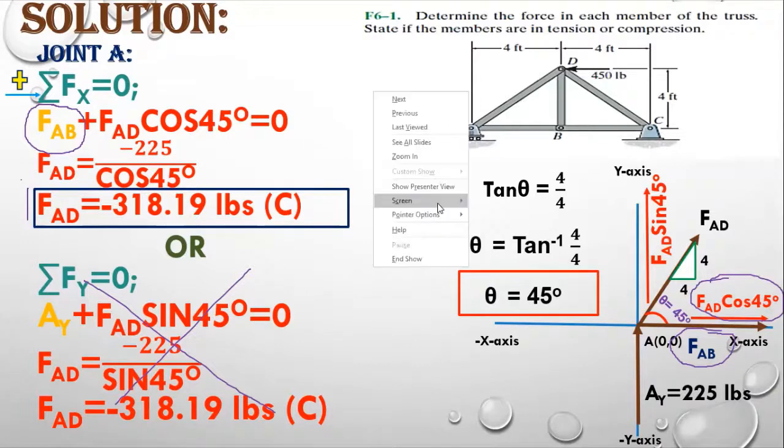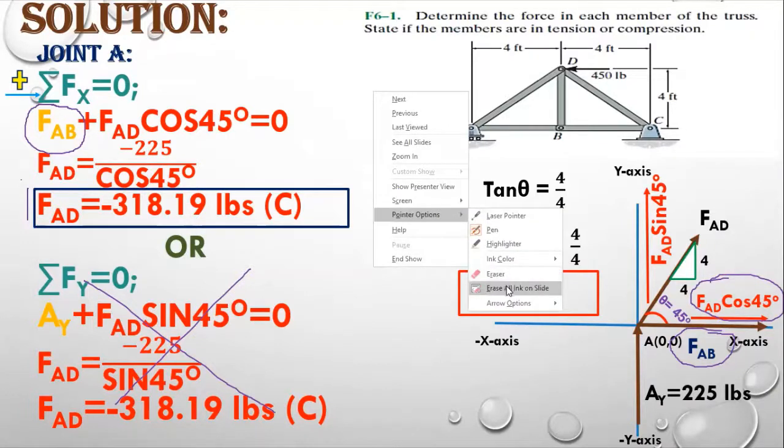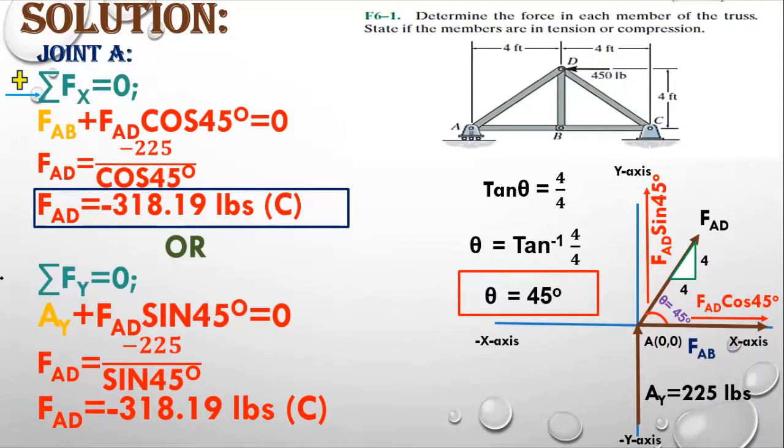So let me erase all the things here, and if you are going to sum up vertical forces here, AY is positive, directing upward. I put it here. Then FAD sine 45 degrees is also positive, so AY plus FAD sine 45 equals 0.